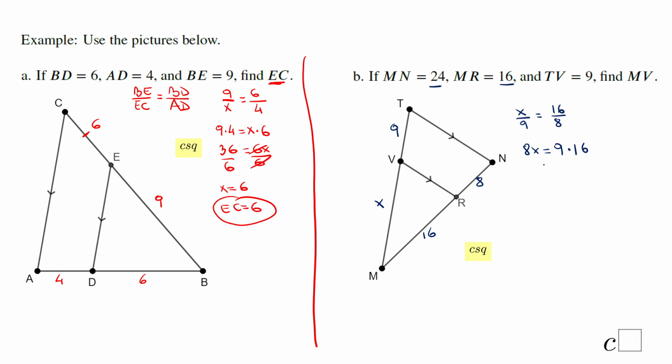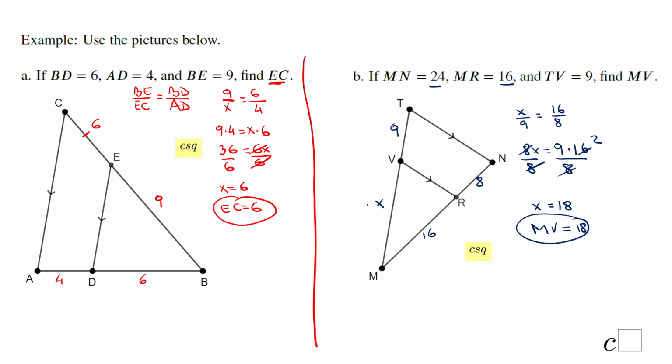Of course you can multiply here, or you can divide right away by 8, and then if you notice you can simplify here. 8 goes into 16 2 times, so X will be 9 times 2, 18. Remember, X is the segment we need to find the length of.